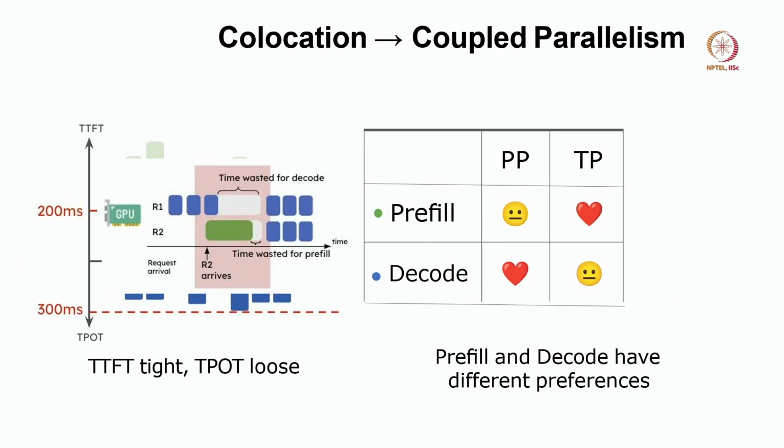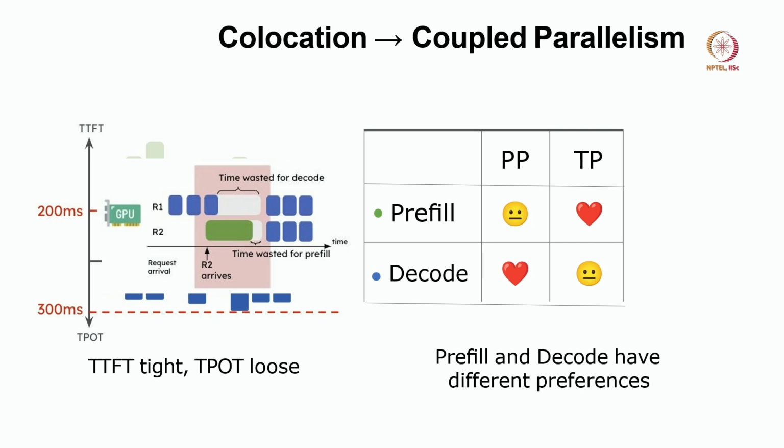Again we can do co-location, like whenever we have multiple GPUs we can do some coupled parallelism. For example, for prefill we can probably do tensor parallelism, we can chunk the prefill. Prefill is compute intensive, right. We can break the prefill into multiple portions and then different GPUs can execute those portions, but prefill is not very good for pipeline parallelism.